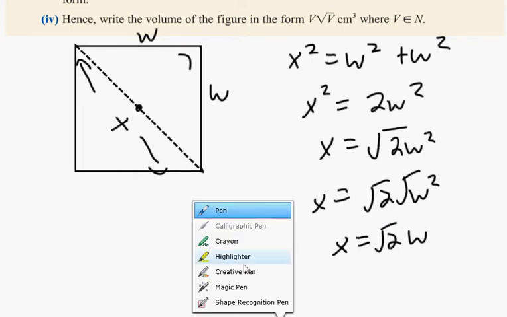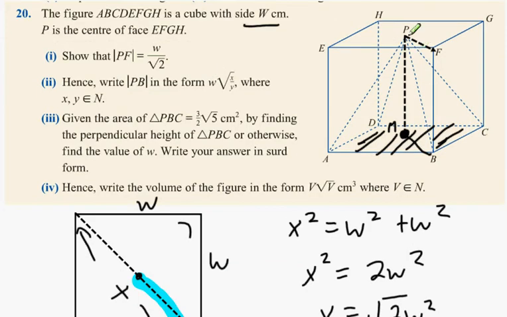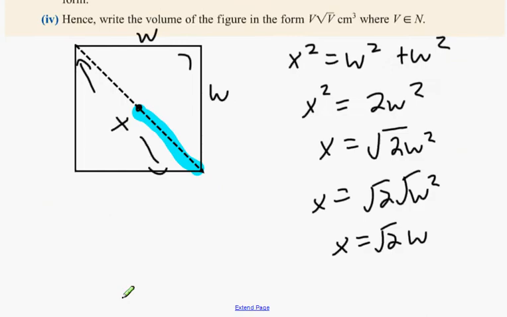Why do we only want half of it? Because in the question it wants P to F, and that's the same thing as M to B. So what do we do now? Divided by 2. So P to F therefore equals root 2 W over 2.